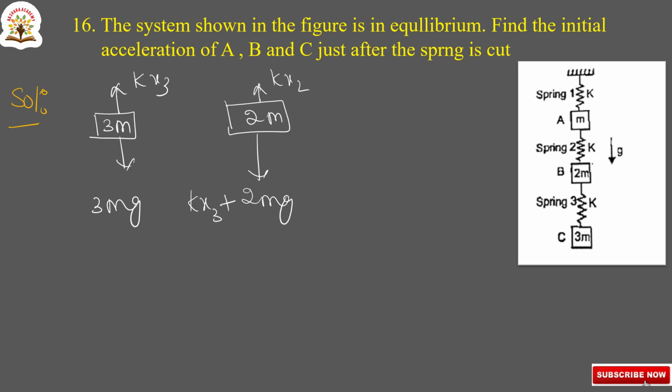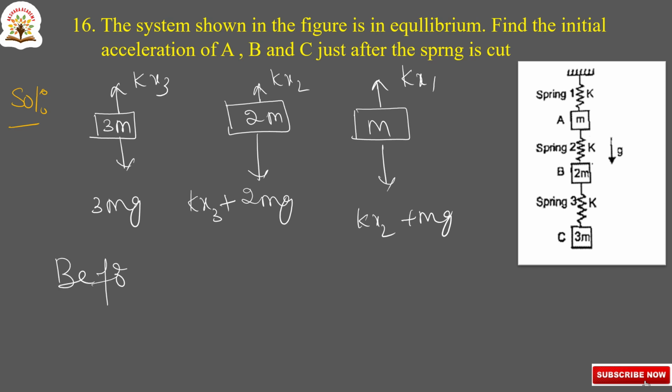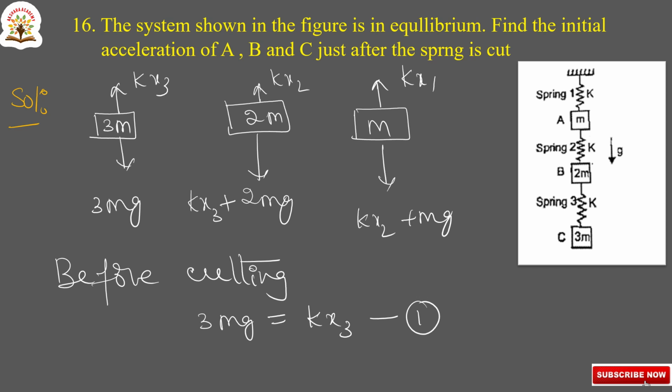And this is block A, mass m, with kx1 upward and kx2 plus mg downward. Before cutting, 3mg is equal to kx3. Consider this as equation number 1.